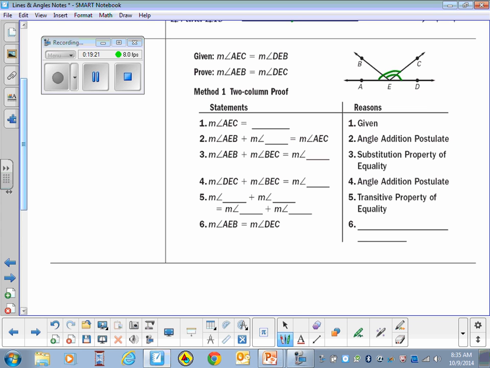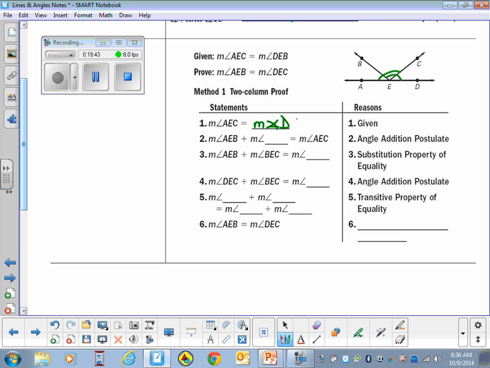Prove that the measure of angle AEB equals the measure of angle DEC. Fill in the blank proofs. Not my favorite, but what's missing in statement 1? Catherine. So the angle DEB. Excellent. The rest of my given.